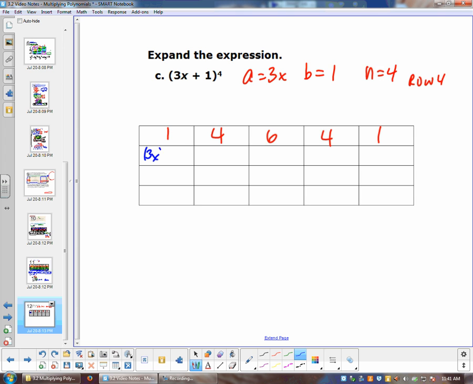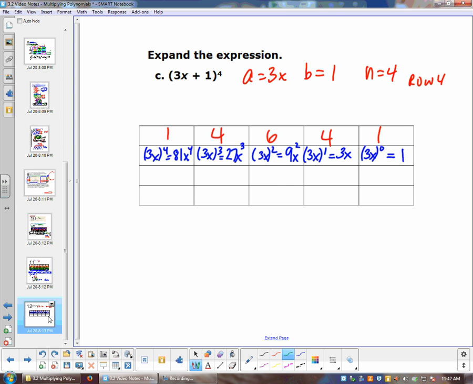So 3x to the 4th, 3x to the 3rd, 3x to the 2nd, 3x to the 1st, 3x to the 0. 3x to the 4th gives us 81x to the 4th. 3x to the 3rd gives 27x to the 3rd. 3x to the 2nd is 9x squared. 3x to the 1st is just 3x. And the quantity 3x to the 0 is 1. Remember, anything to the 0 power is 1.